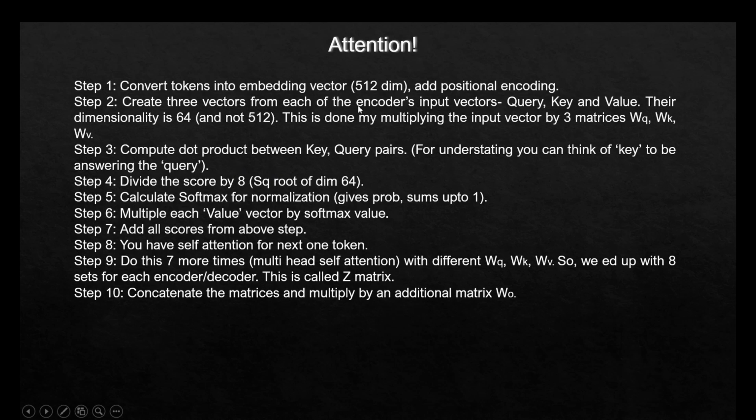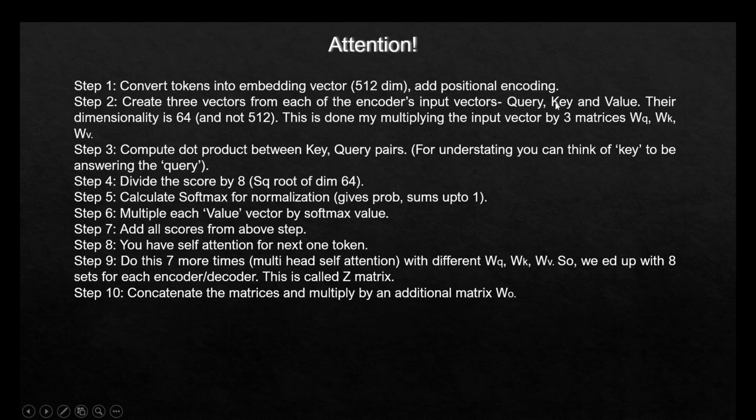Now, we compute the dot product between the query and the key transpose. We compute the dot product to understand the similarity, and we do it between every query and key pair, so that we understand how important different tokens are to each other.